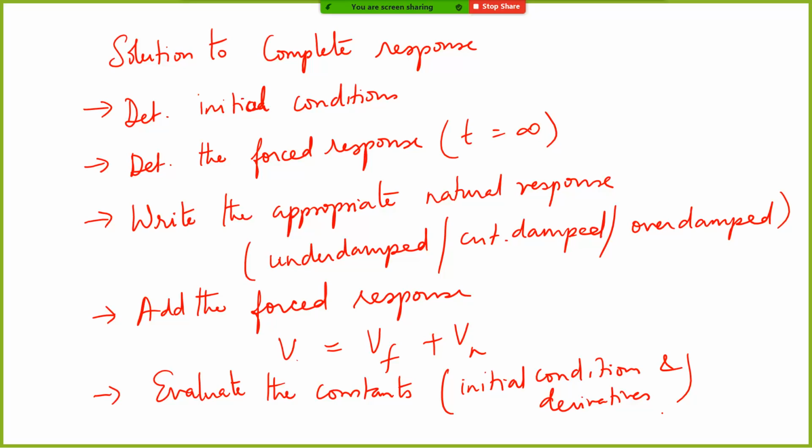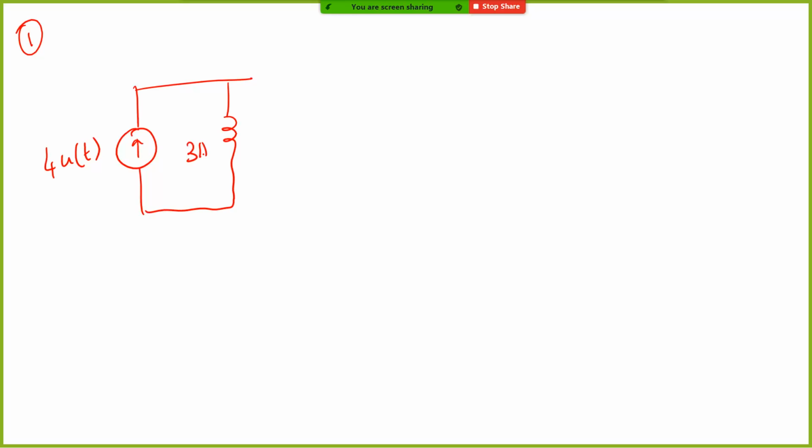So let's take one example and let's try to solve it. Okay. So let's say there is a current source. This is the first problem. 4u of t. There is an inductor, 3 henry. There is a resistor, 30 ohm. Okay.